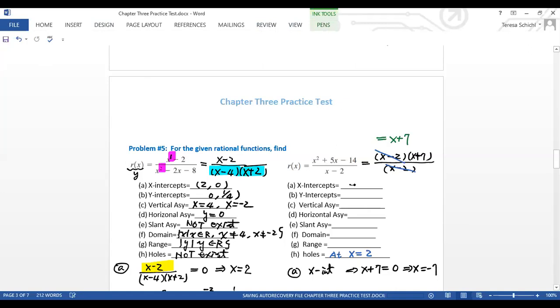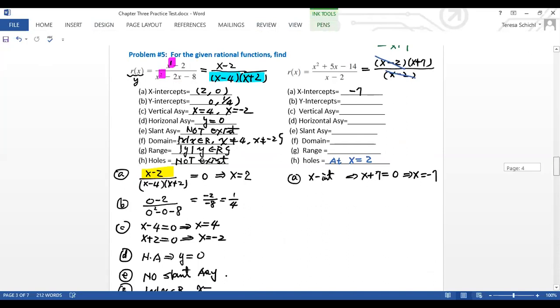Okay, so this is -7, 0. And the y-intercept is where x equal to 0. So y equal to what? y equal to 7. So I will say this is 0, 7.